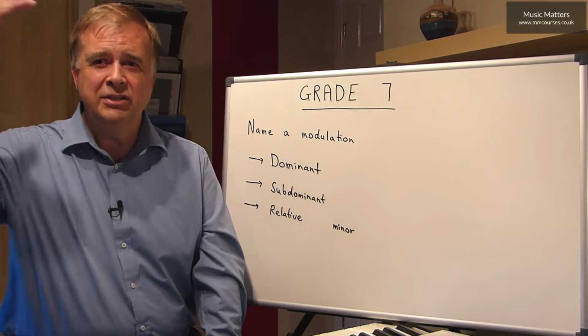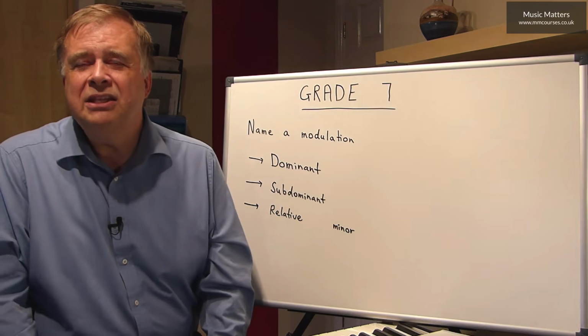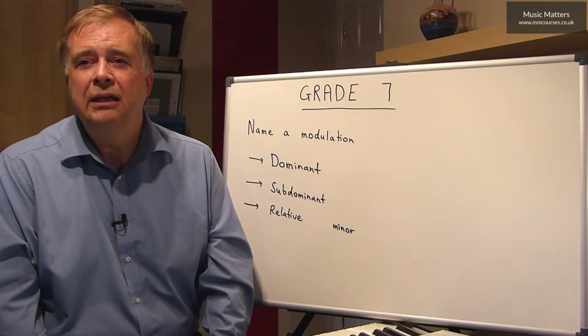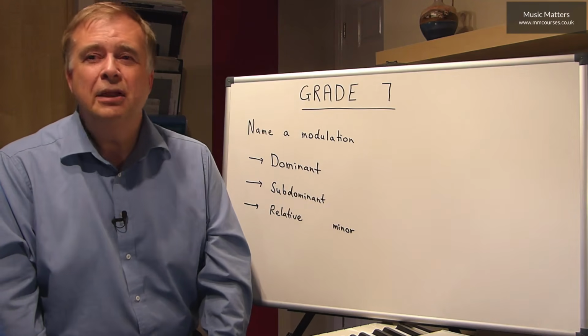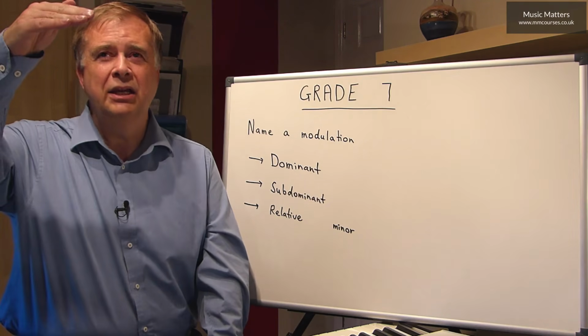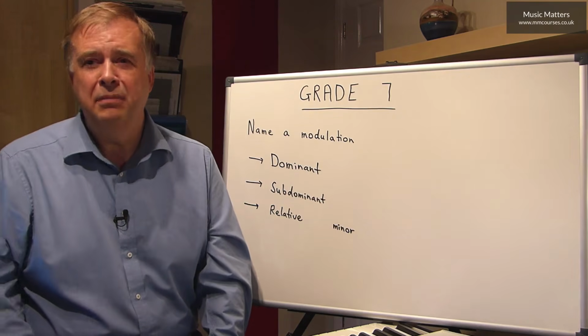But for now, we're starting in a major, we're going to a minor. Remember that the relative minor key is always a 3rd below its major. So if I'm in C major, I go C, B, A to find A minor.